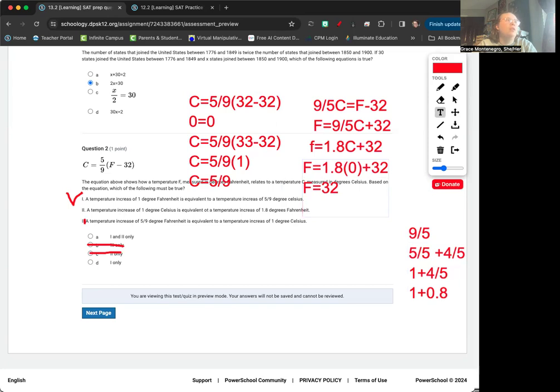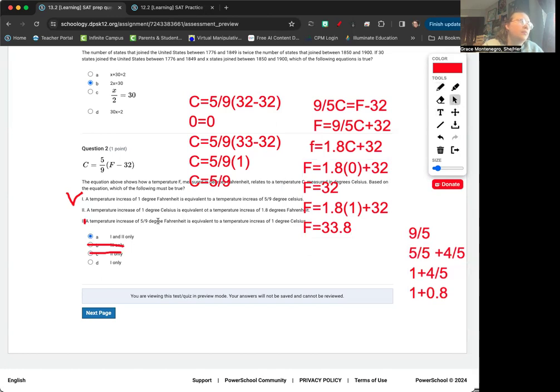Okay, so now we go up 1 in Celsius. 1.8 plus 32 is 33.8. We have increased by 1.8 from our first one to our second one. 2 is true. The answer is A.